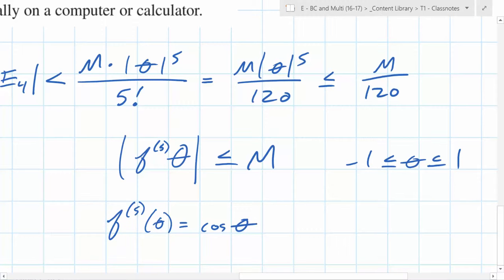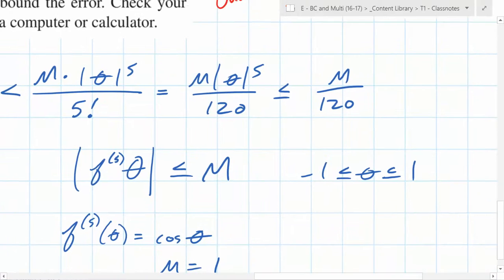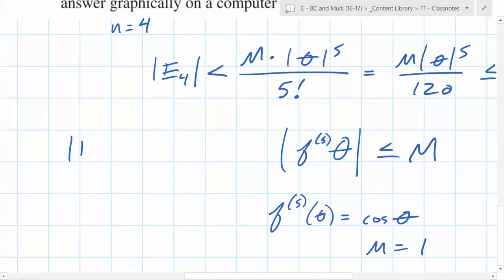So what's our m value going to be? It's 1. It's going to come up a lot, okay? With trig functions, you bounce between it, so you definitely know it's less than 1. So what do we think our max error is going to be? So we think E4, the error 4, is going to be less than or equal to 1 over 120. Right there. That's what it is. Yes, this is challenging.